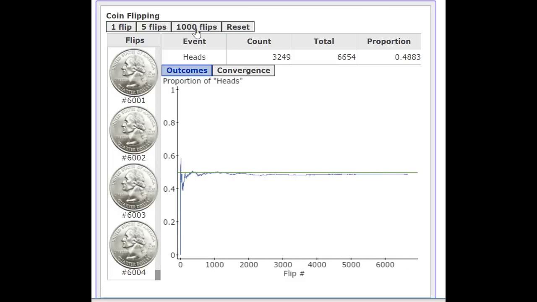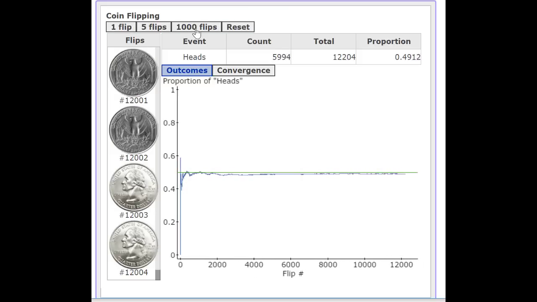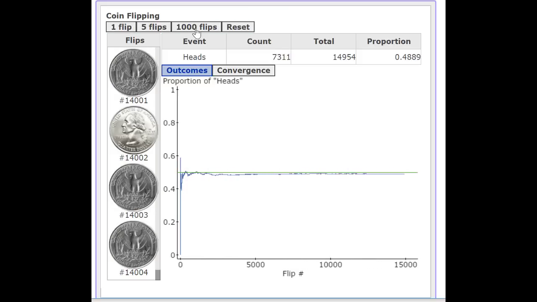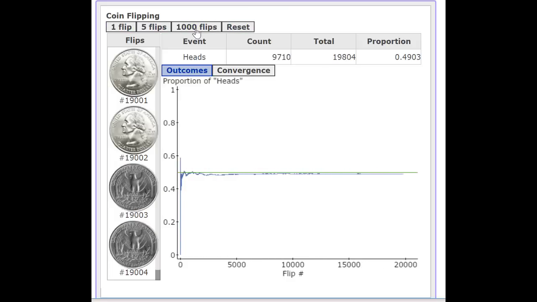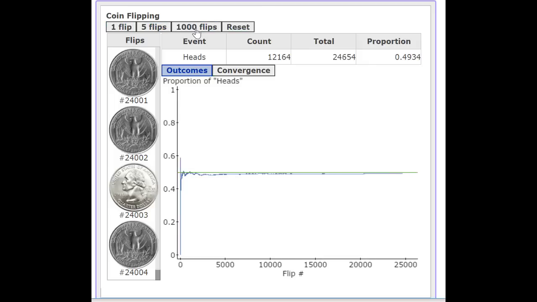As we continue to flip coins more and more, 9,000, 10,000 times, 12,000, 13,000. As we do that, the proportion of heads gets closer and closer to 50%, which is what we know is the answer, right?